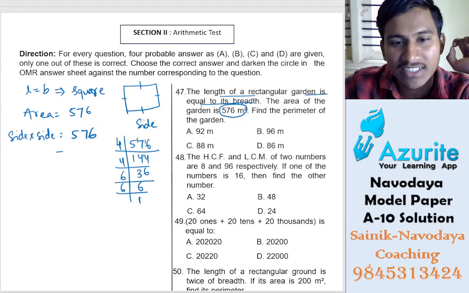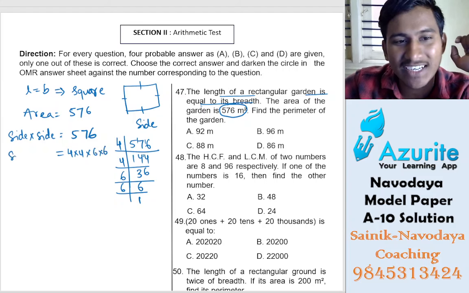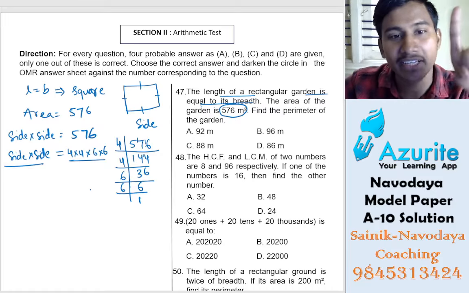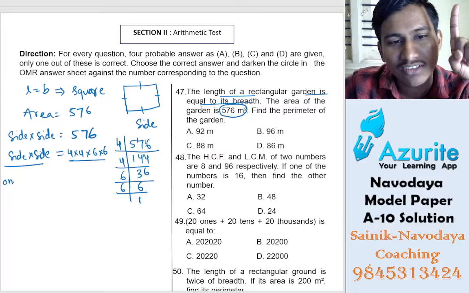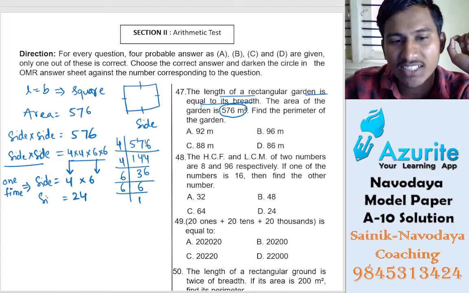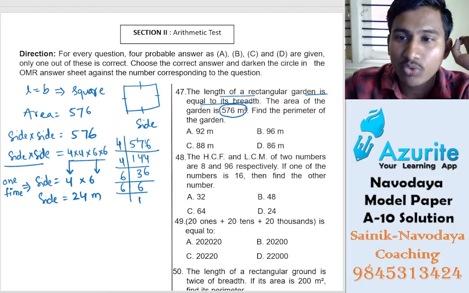So the factorization is 4 into 4 and 6 into 6. This is side into side, so side is 2 times here. We have to take 1 time. So side is 4 times 6, 24 meters. Understand?